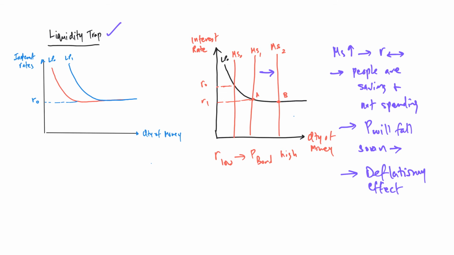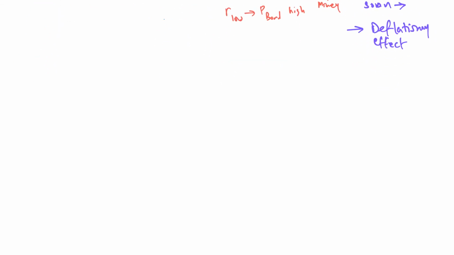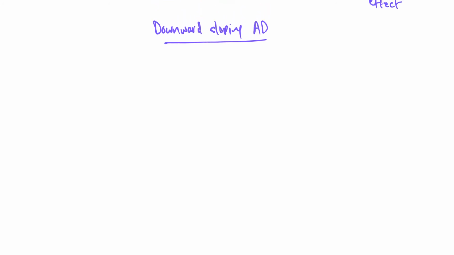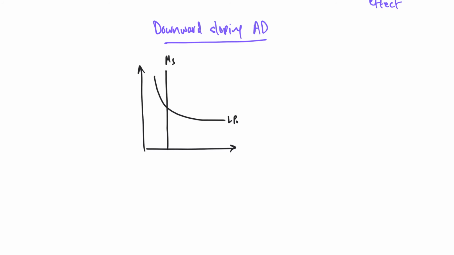One last thought before we end our class is basically what we call the downward sloping AD. One of the reasons why the AD curve is downward sloping is because of what we call the interest rate effect. The interest rate effect says this: if this is my demand for money, and let's say this is my money supply, and currently my interest rate is R0.